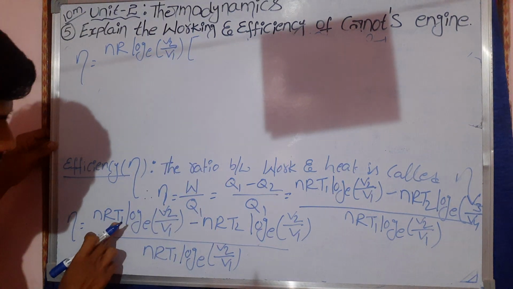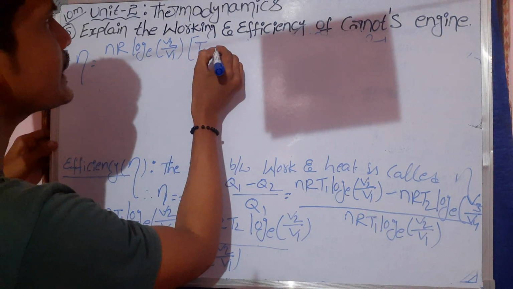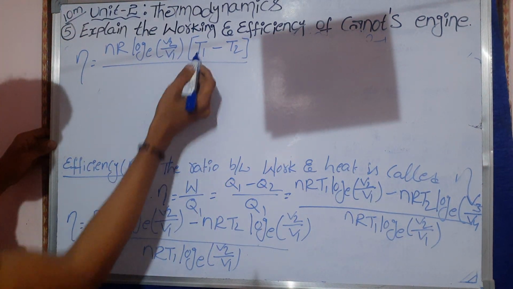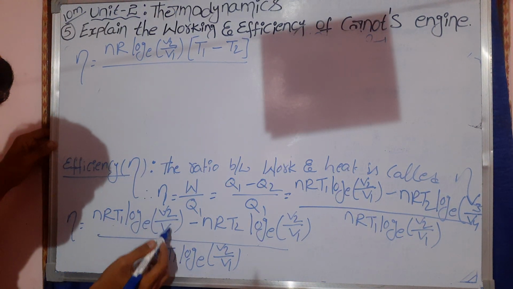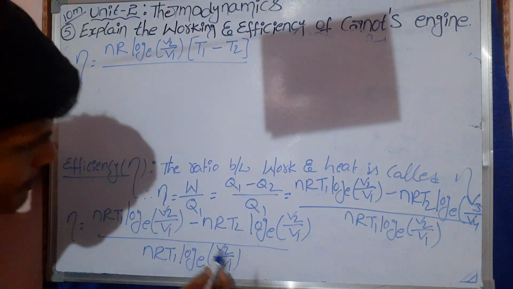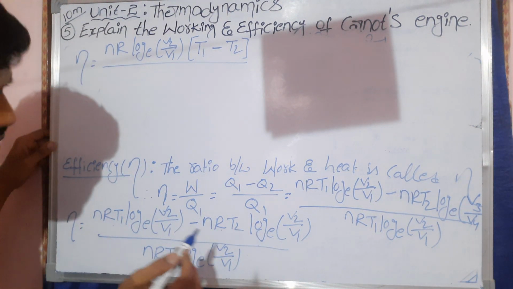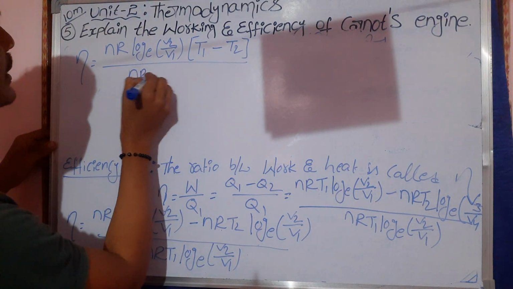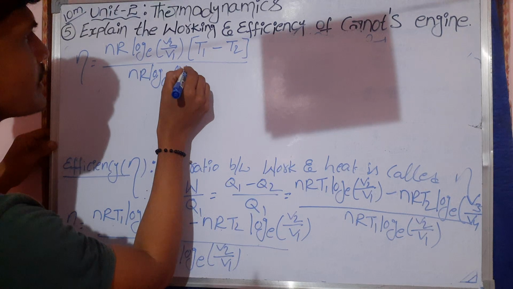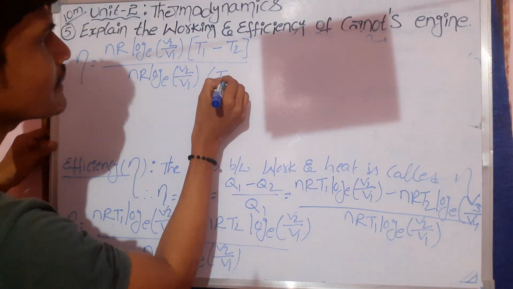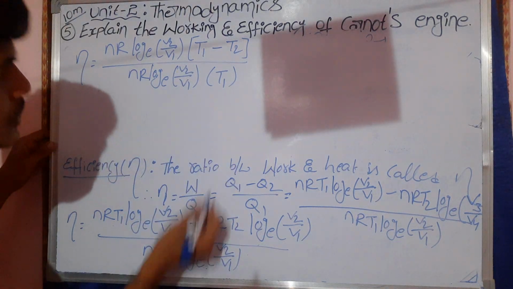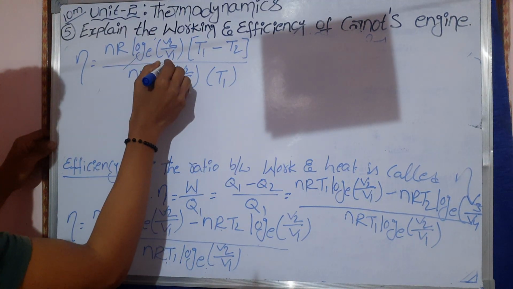So remaining T1 minus T2, whole by T1. The NR log e base V2 by V1 terms cancel.